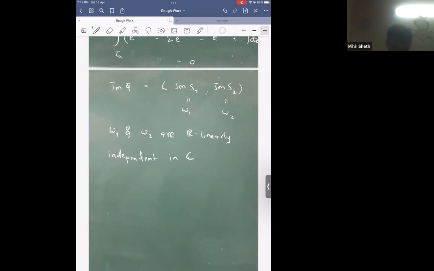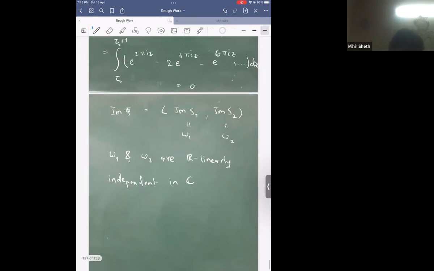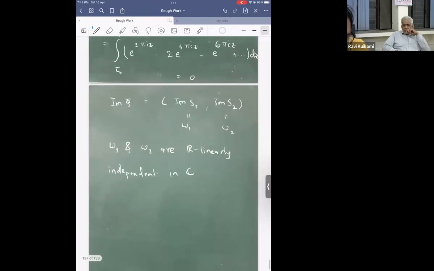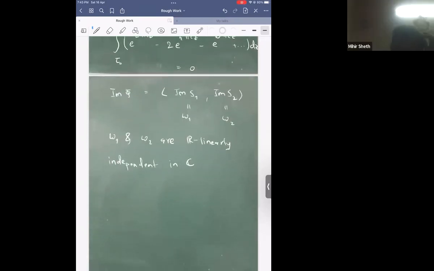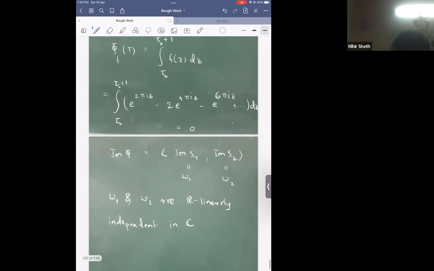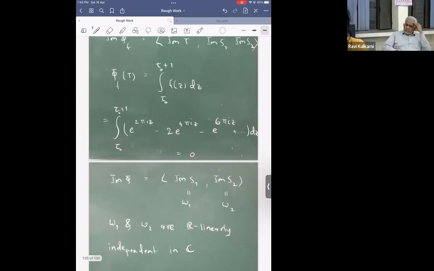This is the main point, to show that it is a lattice. Omega 1 and omega 2 are the two periods. Periods generate the lattice.